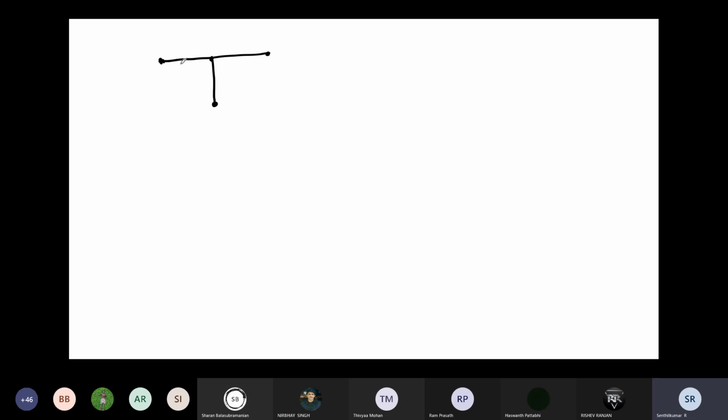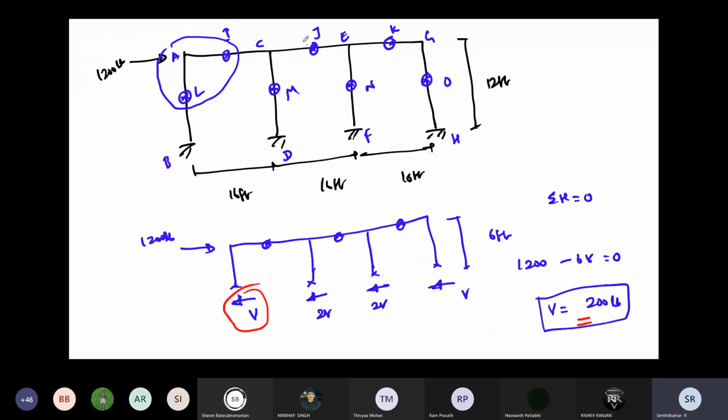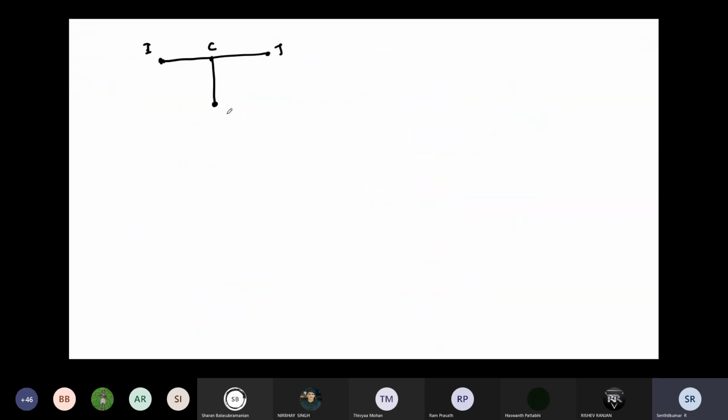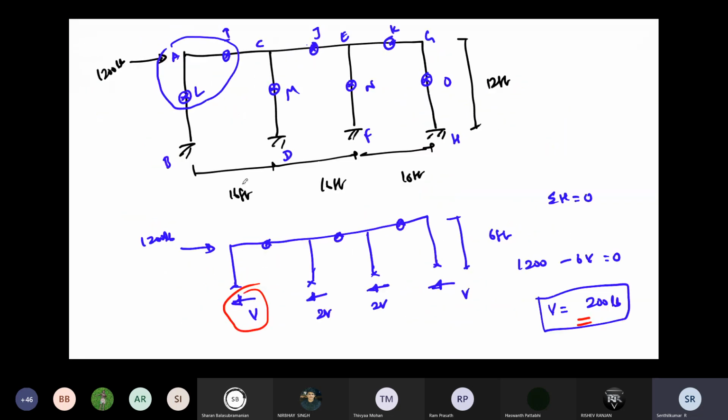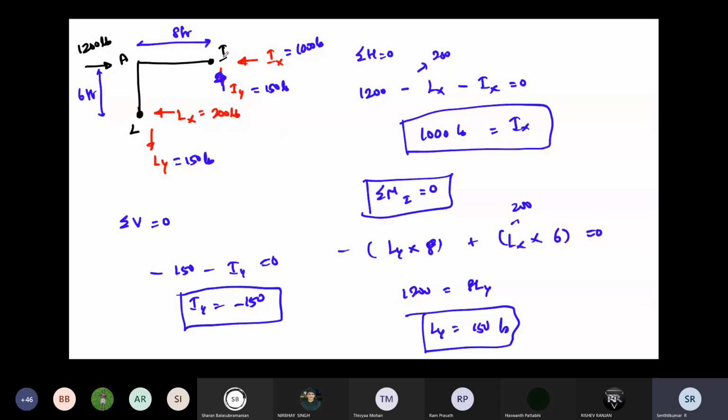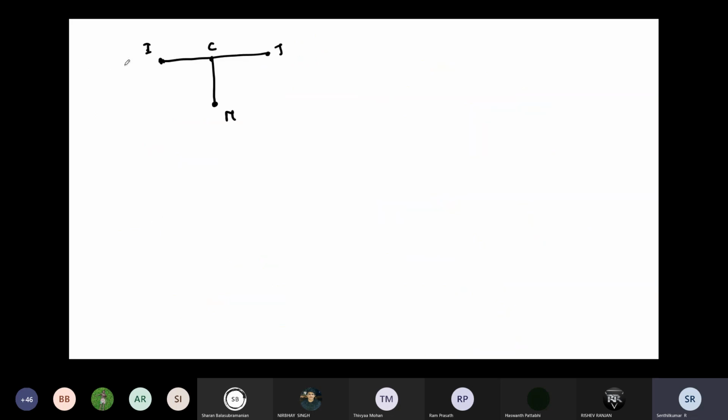So I, C, J, and M, right? So now already we know what are the reactions at I. So in the particular joint, everything should be 0. Sigma H equal to 0, sigma V should be 0. So this is in this direction, means you are at the joint, you have to put in the opposite direction, right? Opposite direction we have to pick it. This is your known value. Ix is 1000, here is 1000.